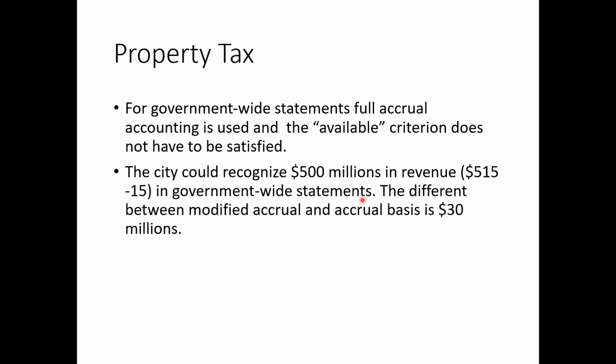It doesn't matter if they're going to pay a little bit late, because we do not apply the available criteria. So all the collectible amount, $500 million, will be recognized as property tax revenues. As you can see, the difference between the modified accrual basis and accrual basis in this case is 30 million in property tax revenue. We're going to see many other differences between the modified accrual and accrual basis of accounting.